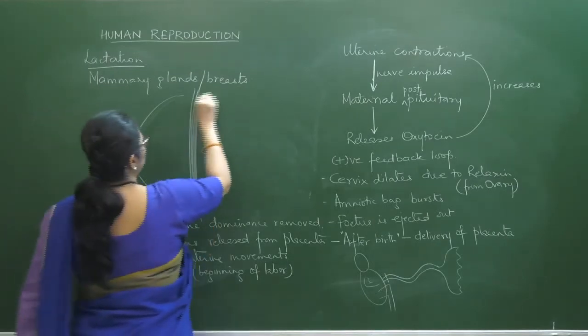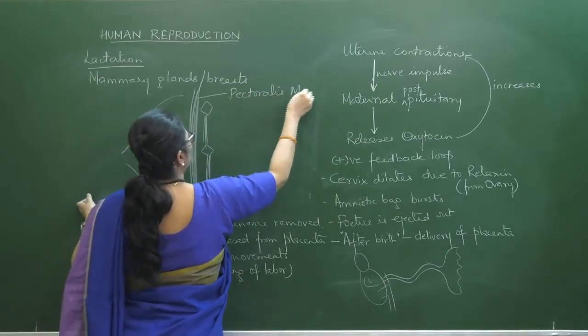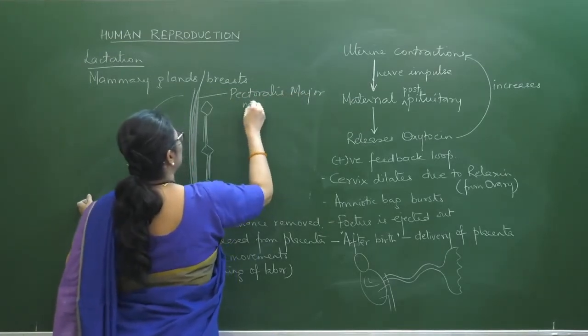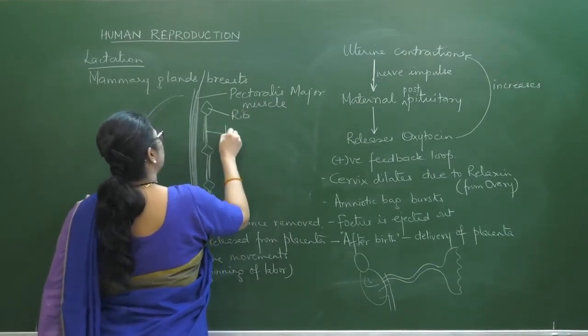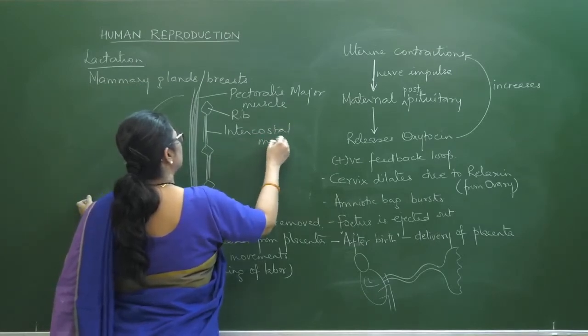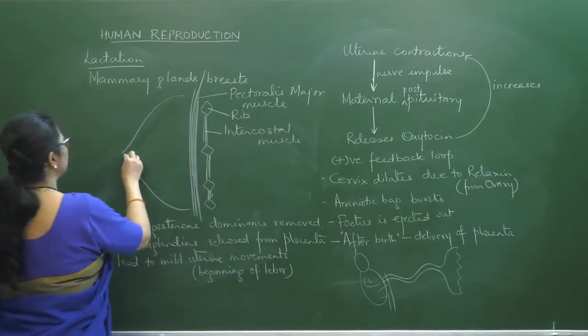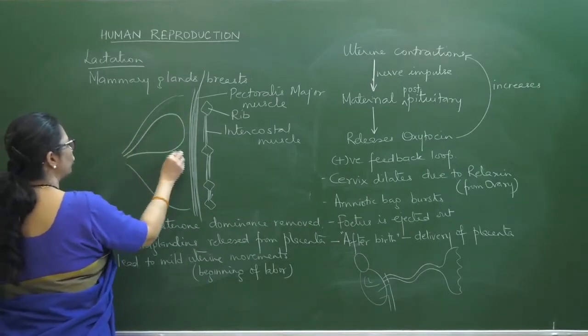Okay. So let me label this much part. This is the pectoralis major muscle. This is the rib. This is the intercostal muscle. And inside each of these mammary glands, there are these mammary lobes.